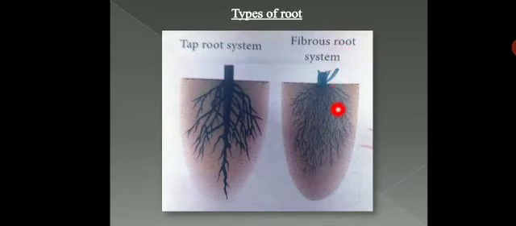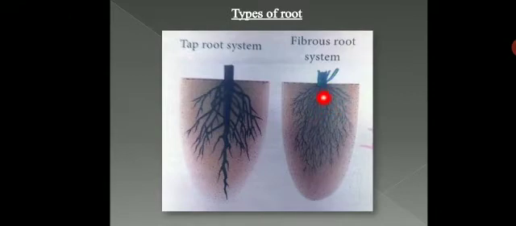Most monocots contain a primary root in the seedling stage. That primary root develops, and after that lateral roots also develop in the seedling, but the lateral roots are very short lived in nature. They cannot develop the tertiary system.